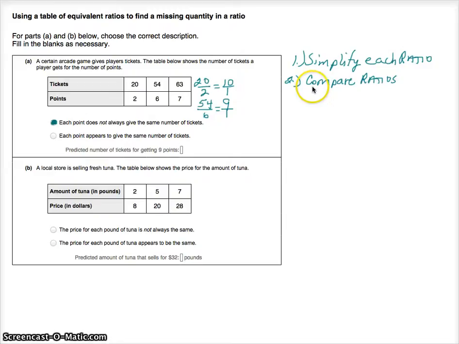As we compare them, we have to make sure that they are all equal. And here they aren't. But if they were, we would then use our ratio to answer the question.